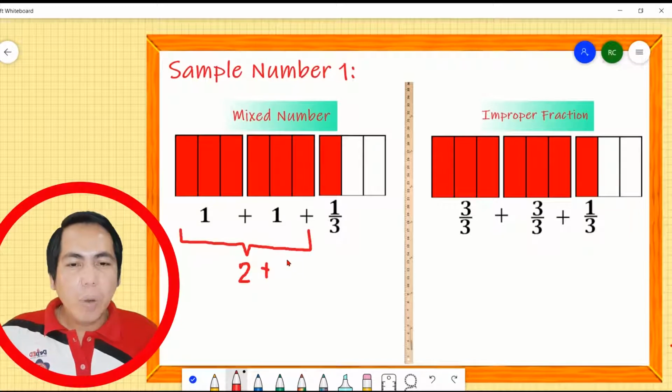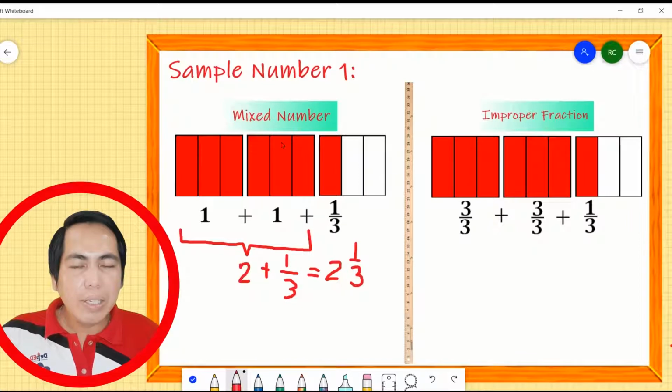So, this is 1/3. So, 2 plus 1/3 will give us 2 and 1/3. Meaning to say, the red shaded parts in this illustration is 2 and 1/3. So, this is in mixed number form.